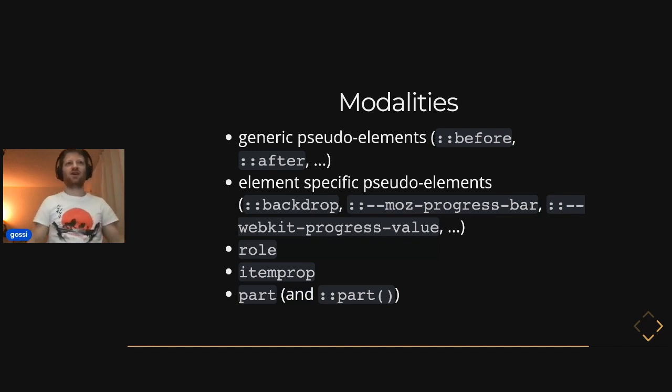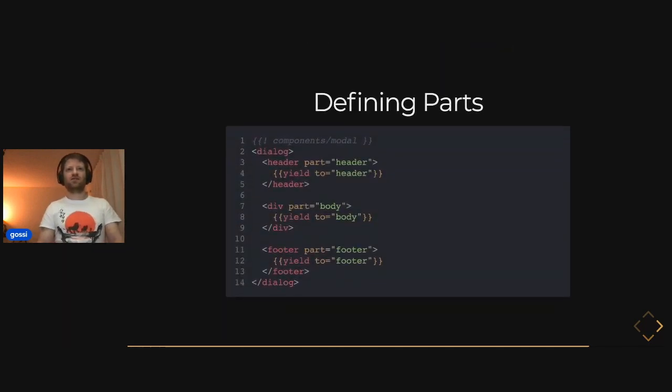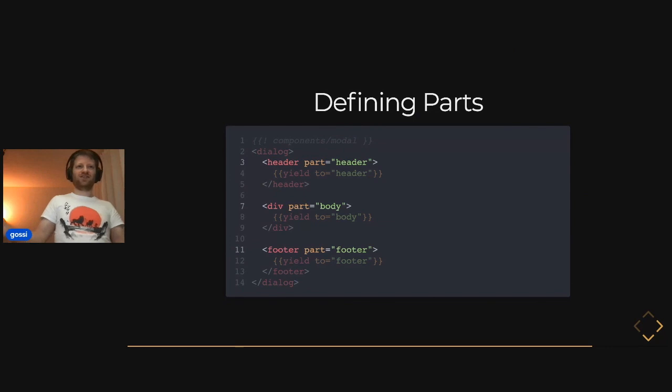It's like, okay, here I can make a change, as this is a public API that the component author has given to us. How we use that: here's a modal component, and we use the dialog element, and then on the header, the body, and the footer we use the part attribute, and we give it a name.